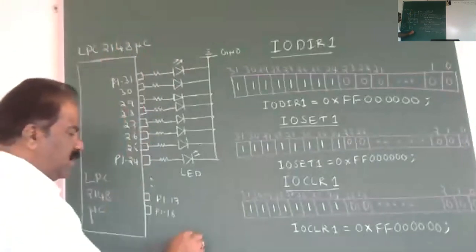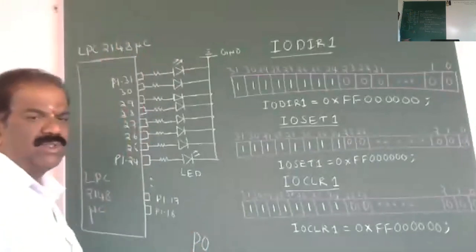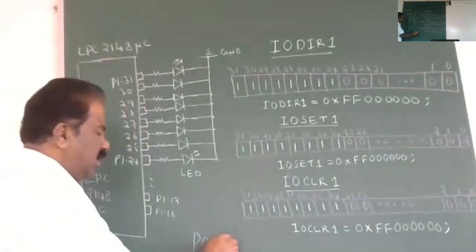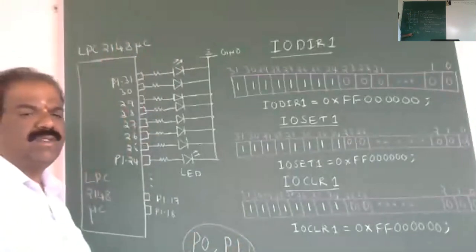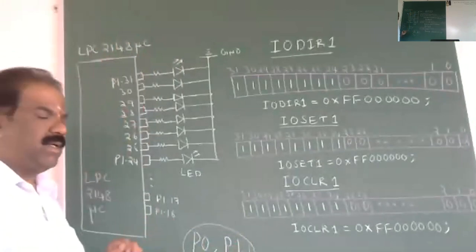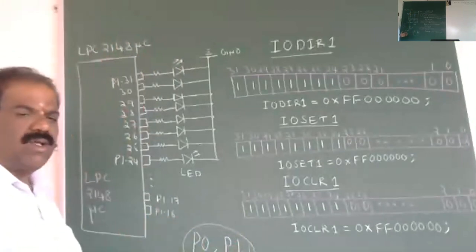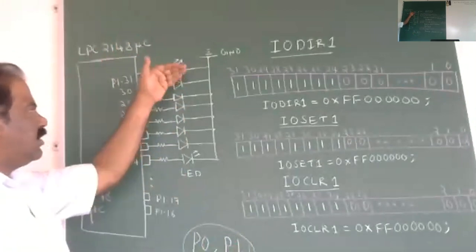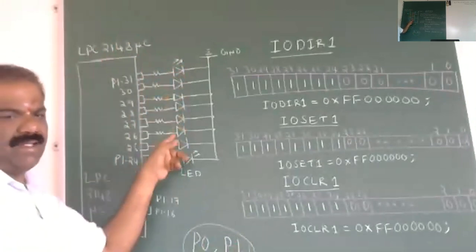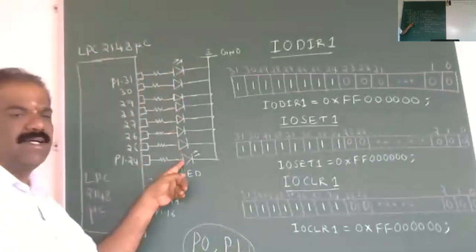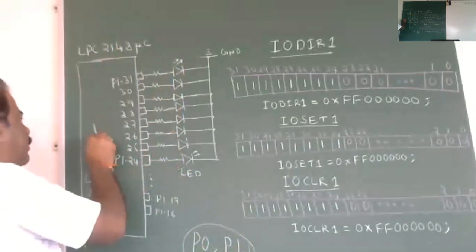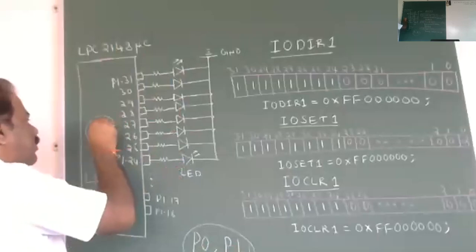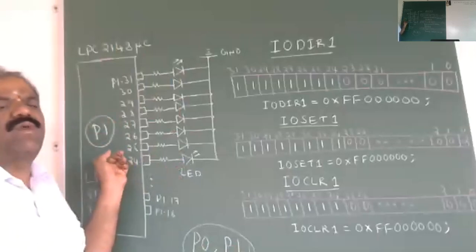So there will be P0, port 0, and port 1. What's the size of each port? That is 32 bit. According to our hardware, they have already designed 8 LEDs. All these 8 LEDs are connected to P1, that is port 1.